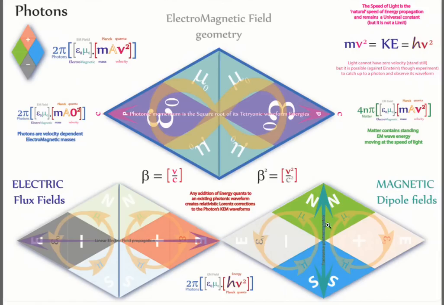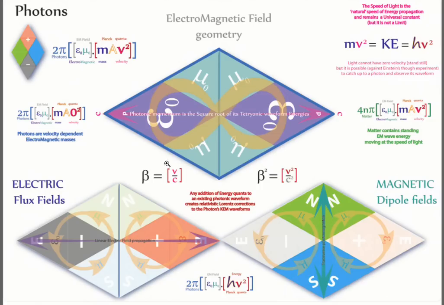Again, the photons are formed through the inductive coupling of the two 0-point fields, and then they form EM waves by the magnetic interactions and E field interactions from one photon to the other.